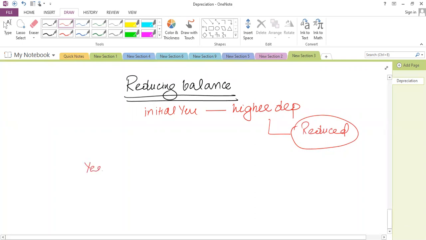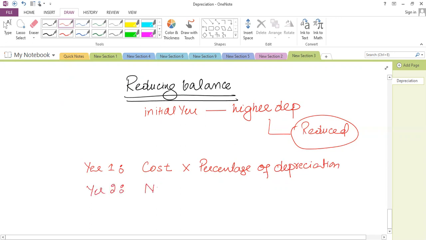So in year one, we will apply depreciation on cost multiplied by percentage of depreciation. You will be provided with the rate of depreciation, and as a result you can calculate year 1 depreciation. But in year 2, now the depreciation would be applicable on the book value, that is net book value.